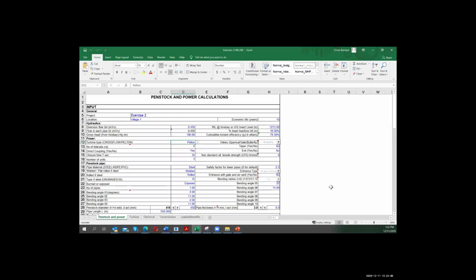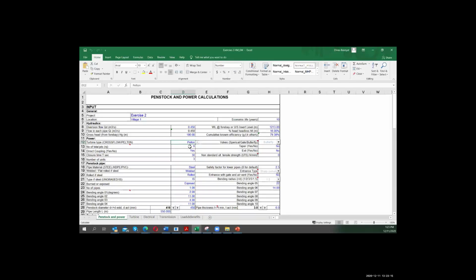Sometimes the Francis turbines are difficult to fabricate and maintain. It's very sensitive, being a reaction turbine, whereas the cross flow and Pelton are easy. Later today, in the second half of this lecture, I will talk about the cross flow and the Pelton, and the selection of the turbines.